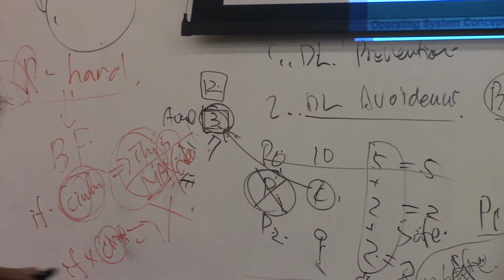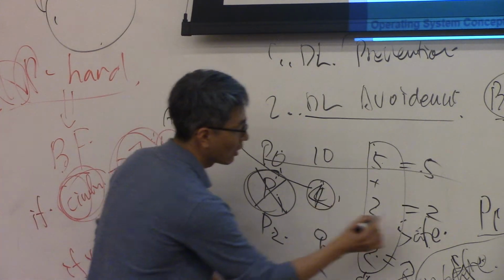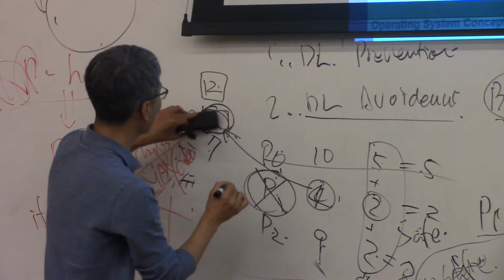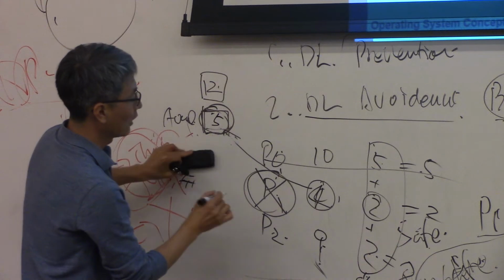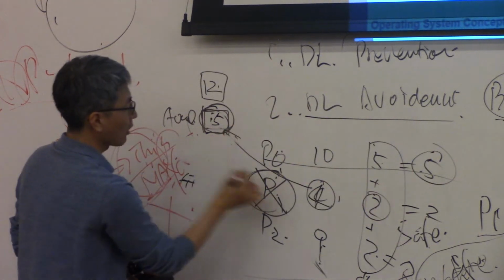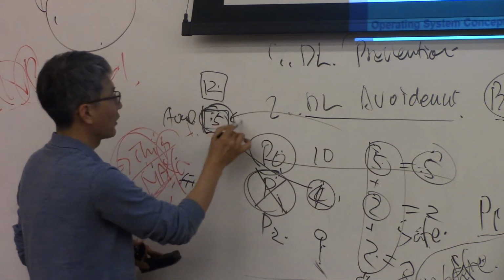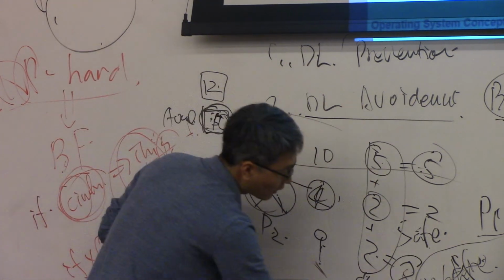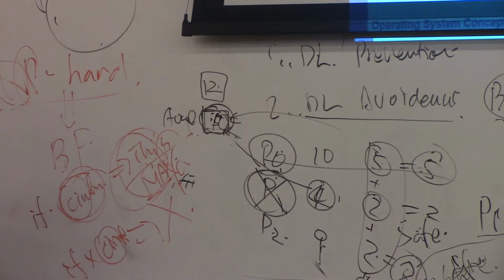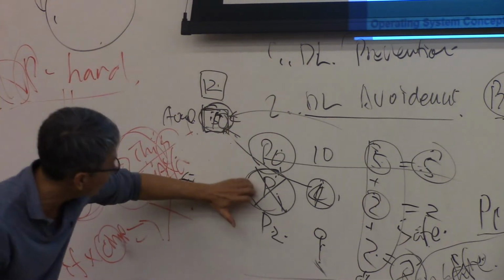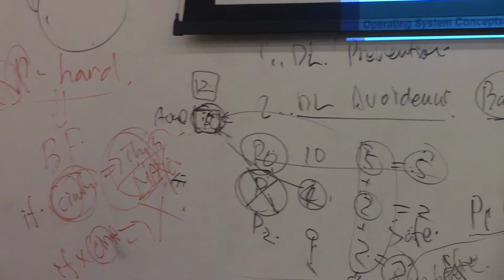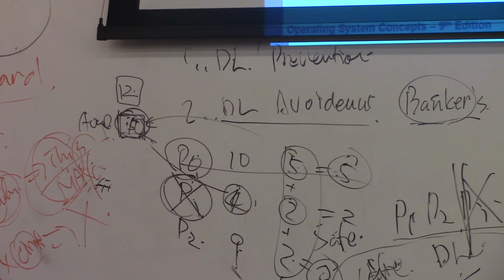Oh, no, not that way, because it's the max need: currently 2, this will be 5. So P0 is done next. Once P0 is done, 5 of them will be returned, for a total of 10 available. With 10 available, this one will be done. So in this order, P1, P0, P2, we can complete all the processes.